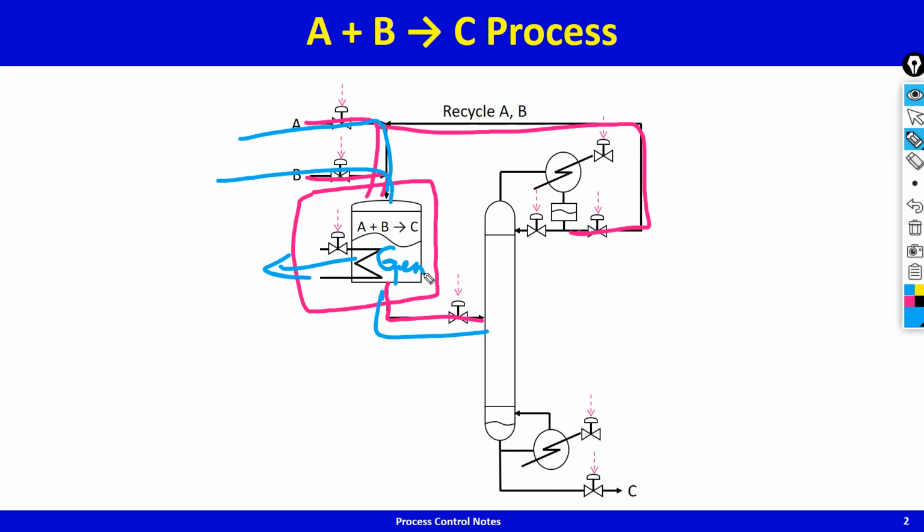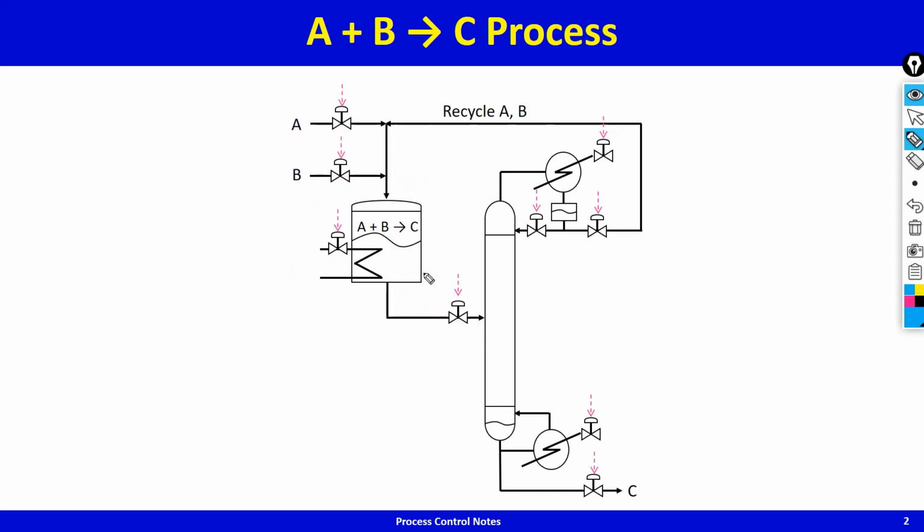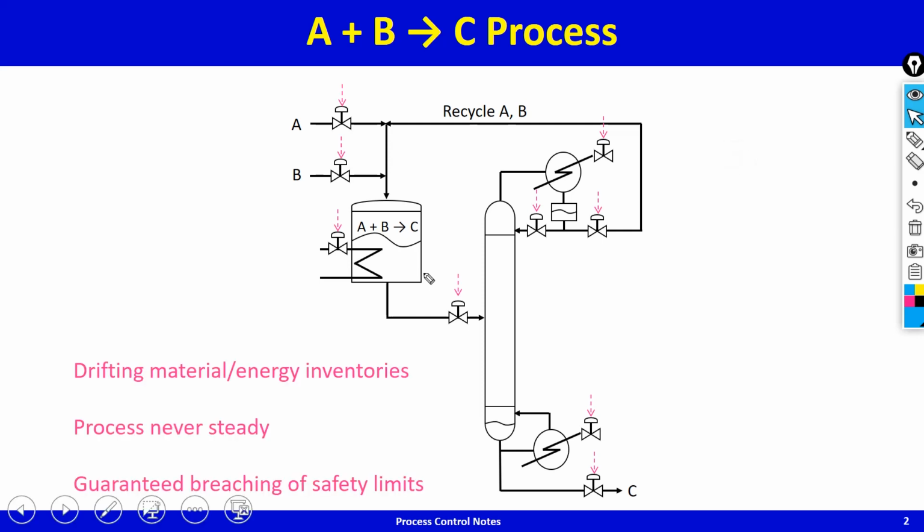So obviously this is not a good way of doing things, and with this kind of a scheme, you'll have drifting material and energy inventories. The process will never be steady, and it is guaranteed that one or more safety limits are going to get violated. This is not the way to run this process. Okay, no control is not an option.